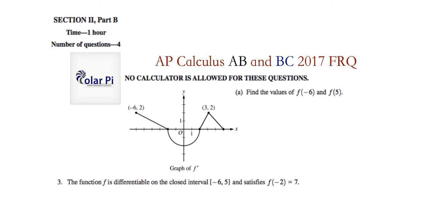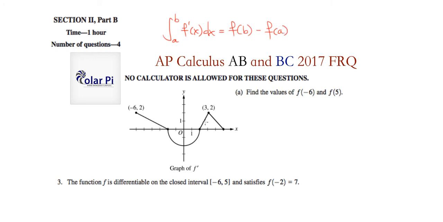So to answer something like that, recall the evaluation theorem, which said that the integral from a to b of f prime of x dx is equal to f of b minus f of a.